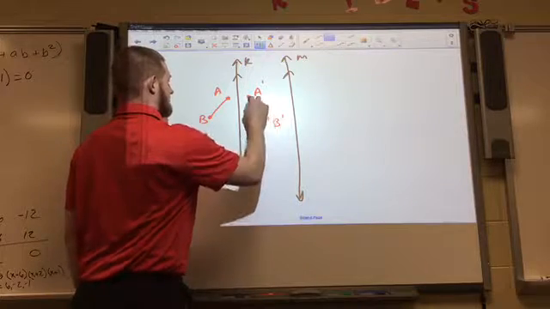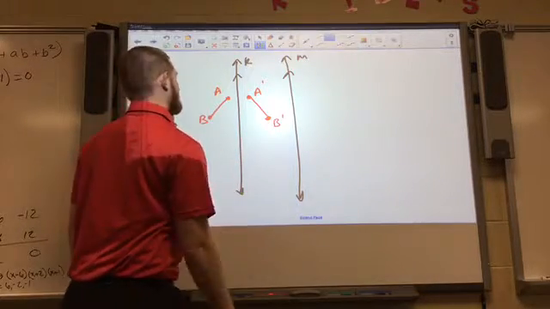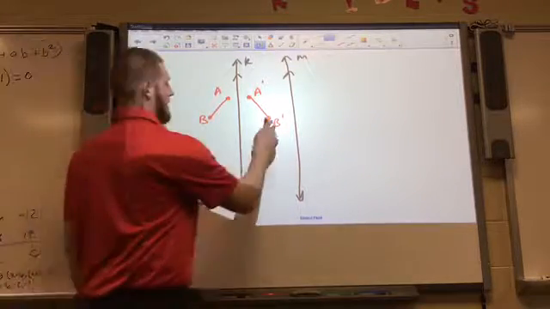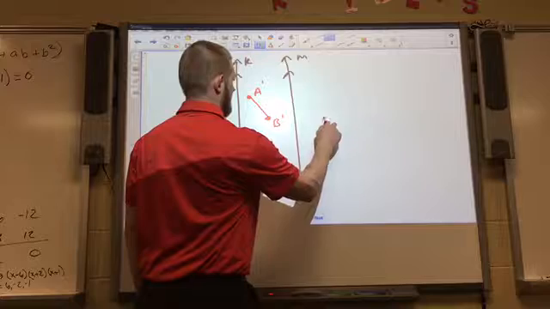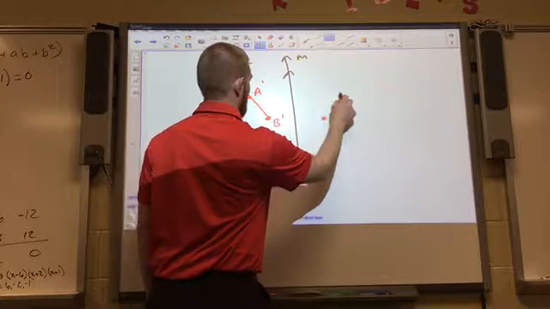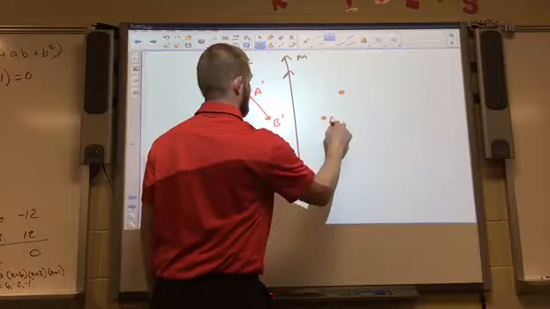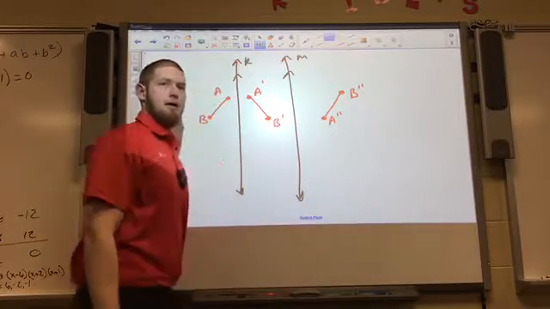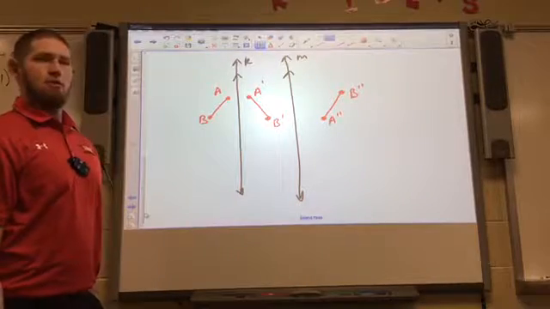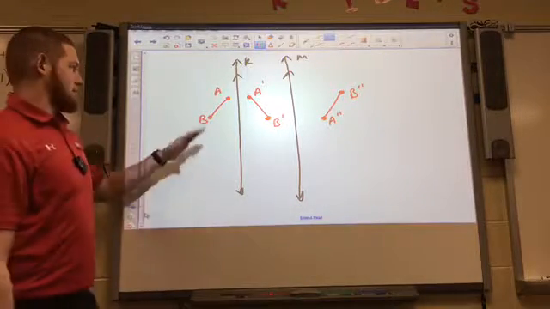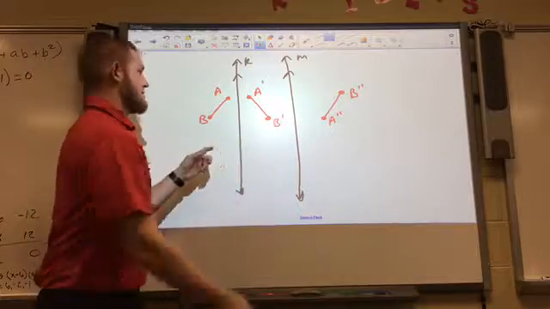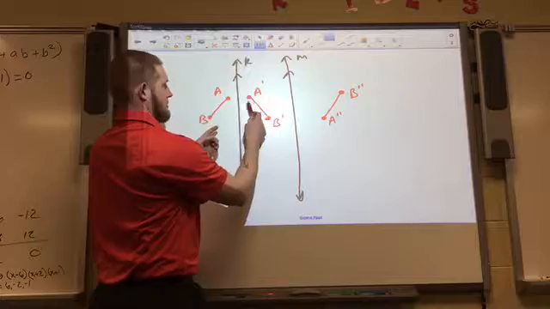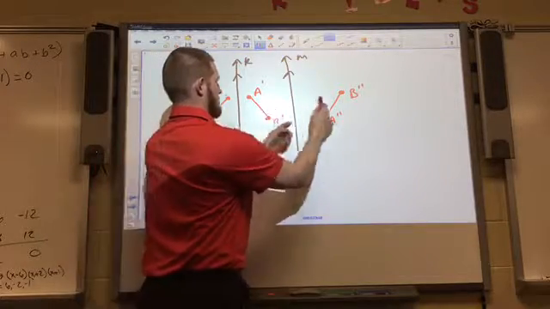A prime, B prime. And then I reflect it again over M, which gives me what? Good. A double prime, B double prime. If I do that, then it's actually the same thing as doing what? Just translating it, just shifting it that way. And you guys can kind of see that. That looks pretty much the same as this, right? So really, instead of doing a double reflection, I just took this and I shifted it over.